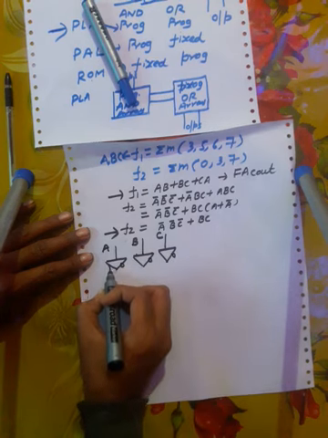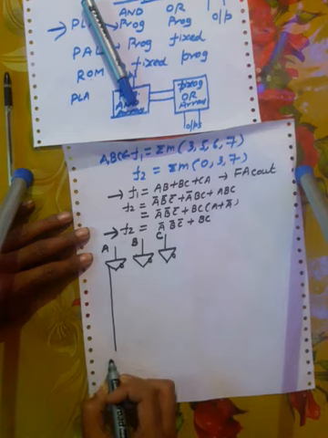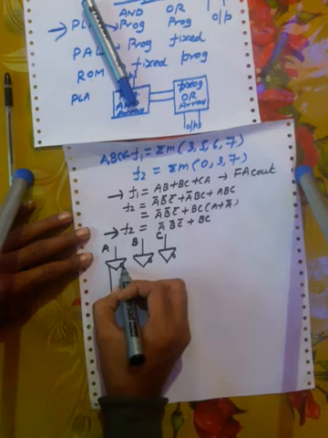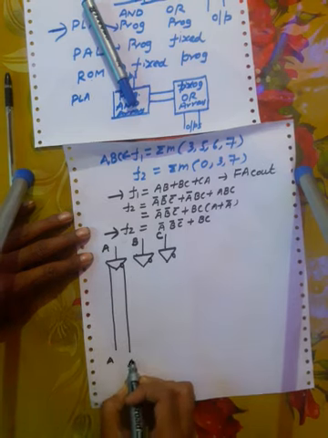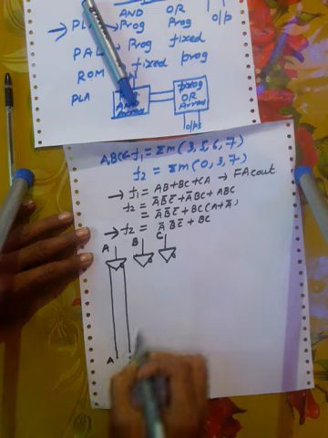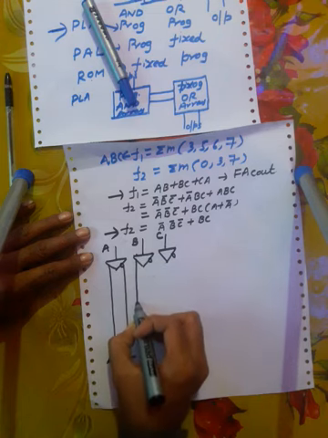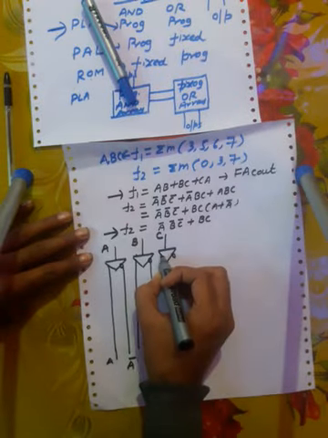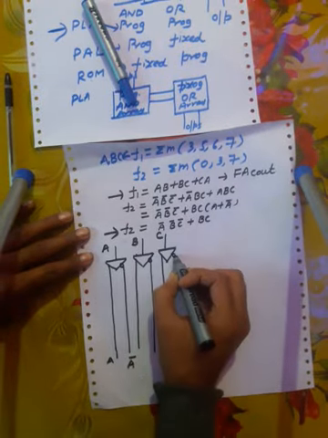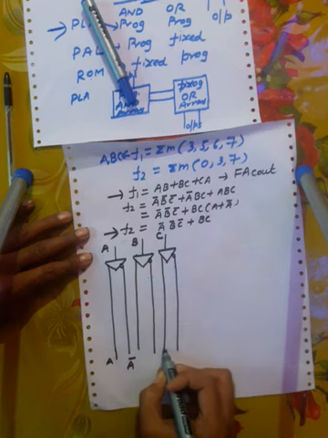From here you will get A, and from here you will get A bar. Similarly, from here you will get B, from here B bar, from here C, and from here C bar.